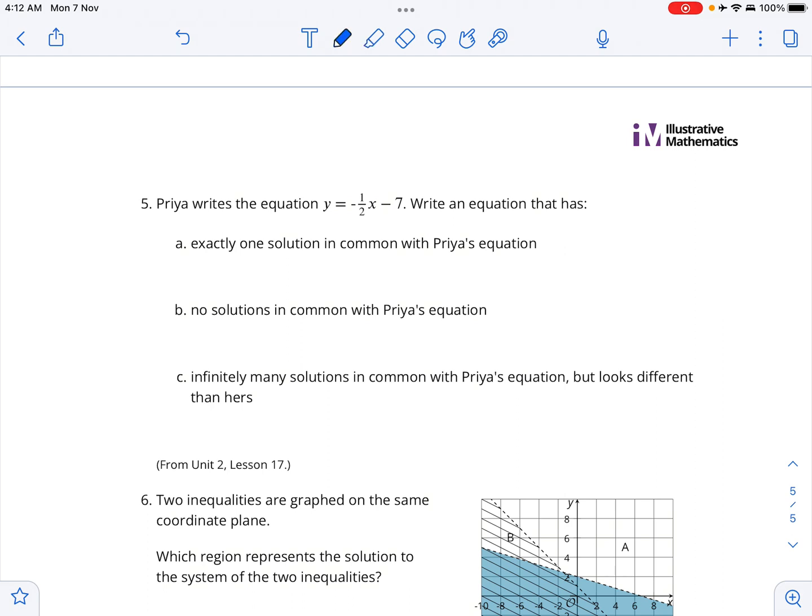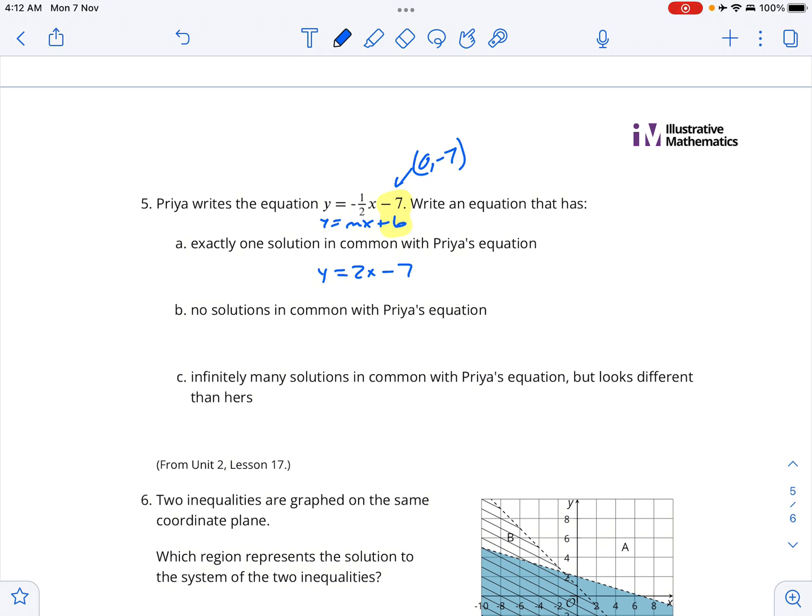Well, we know that the y-intercept for this one is going to be (0, -7), because this is in the form y equals mx plus b. And so we can see that the y-intercept is -7. So really, any equation that has an intercept of -7 is going to have a common solution. So let's go y equals 2x plus -7. That would also be in common.